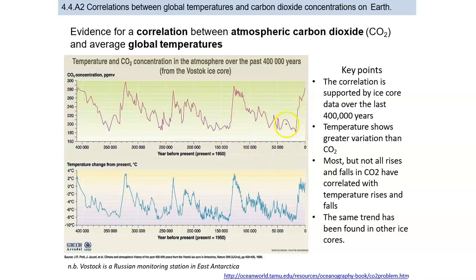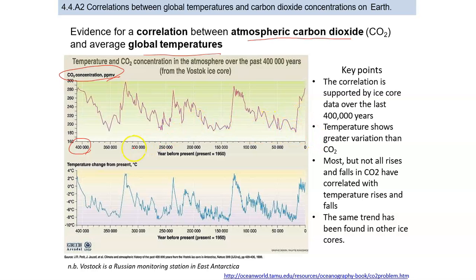Here is the evidence for correlation between the atmospheric carbon dioxide and the average global temperature. This graph shows the CO2 concentration, and it amazingly goes back, you see, 400 years ago, until 1950, because after that stations such as Mauna Loa started to collect the information for carbon dioxide.